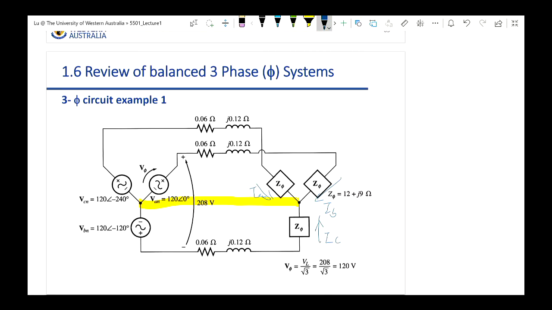They have equal magnitudes and 120 degrees phase angle difference between each other. When you add up IA plus IB plus IC, that summation should give you the current flowing back through this neutral connection. But this must be equal to 0.